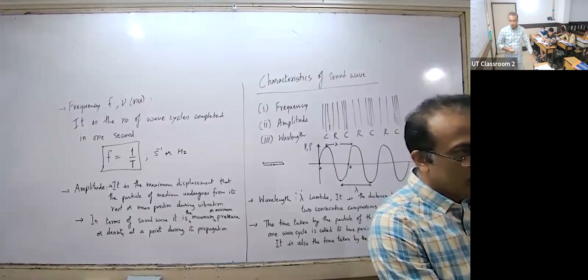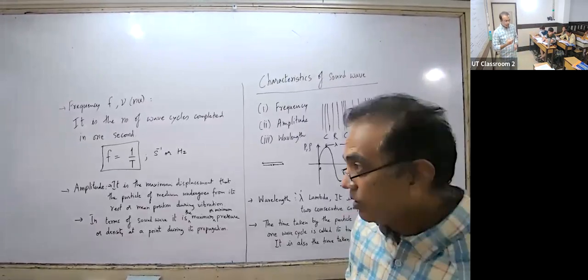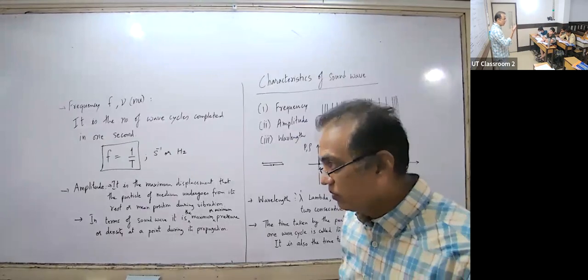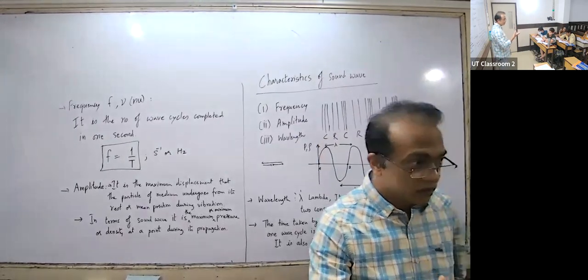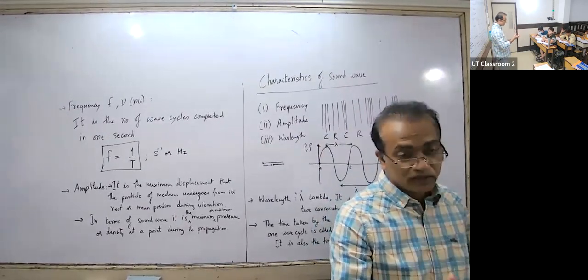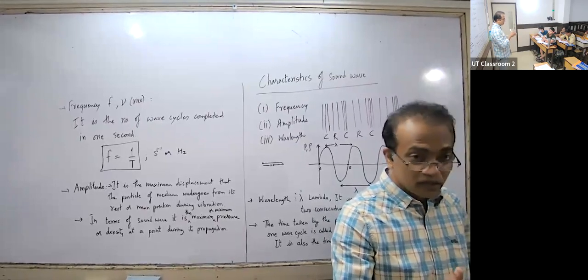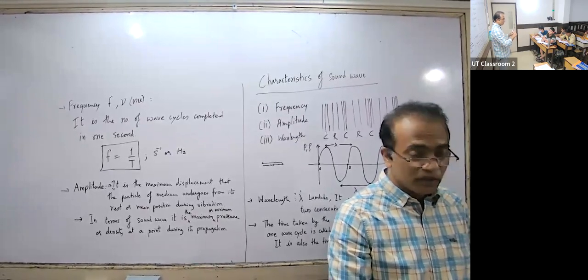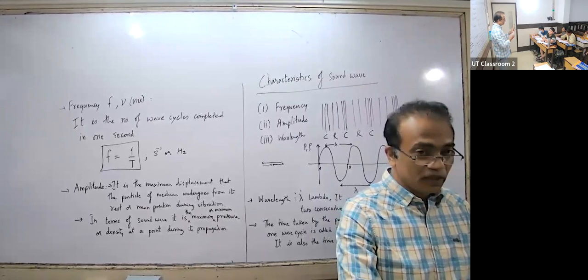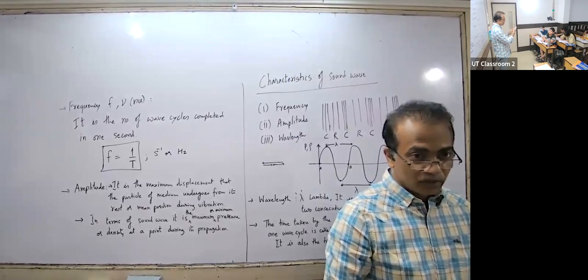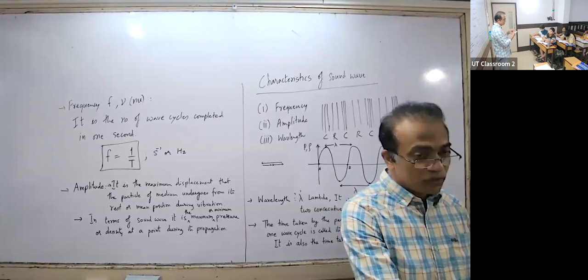Because what are the characteristics of the medium needed for sound propagation? The medium needs to be elastic. What is the property of an elastic medium? As soon as the external force is removed, it will restore its original position. When it tries to restore its original position, it doesn't stay there, it overshoots like a pendulum.